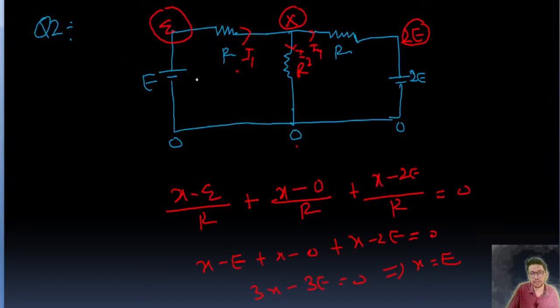Value of x we have got, right? So e minus e upon r. So value of I1 equal to 0 means current here is 0.